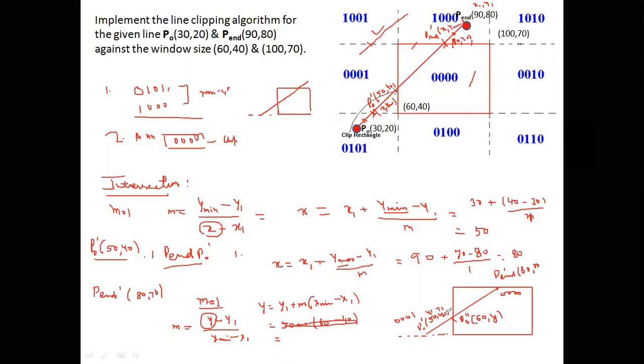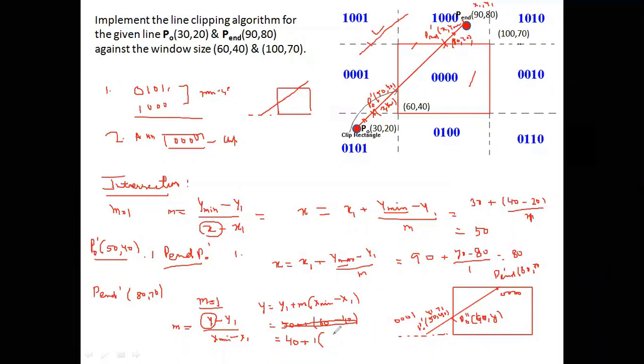Y1 is 40, and plus m is 1. And x min is 40 over here, not 60. The points were wrong.